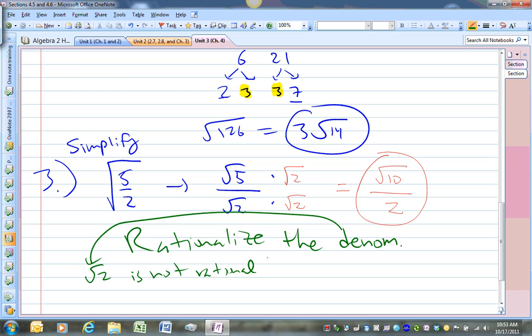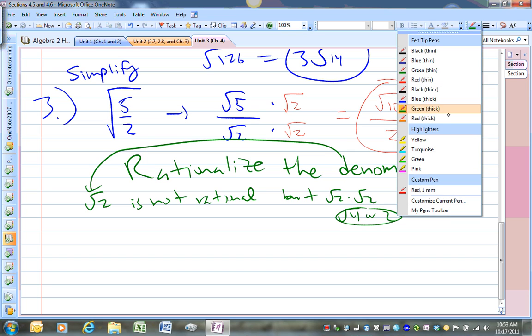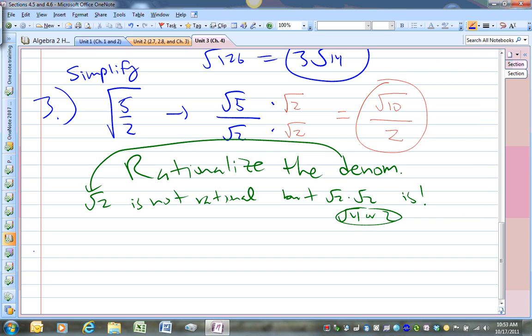But root 2 times root 2 is root 4, or 2. So that's what's meant by rationalize the denominator: just multiplying both top and bottom by the denominator.